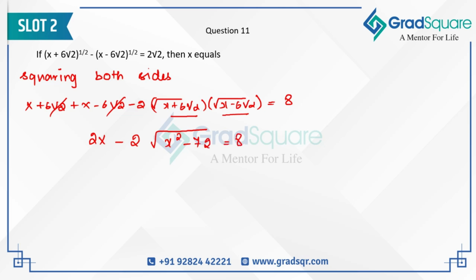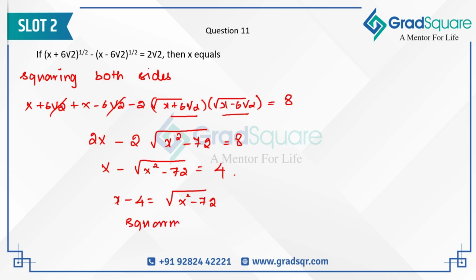Now I can take a 2 common outside and cancel out the 8 which is at the right hand side. So x square minus 72 to be equal to 4, or else I can write x minus 4 to be equal to root of x square minus 72, again squaring both sides. So ideally I have to calculate the value of x. Squaring both the sides, what do I get?